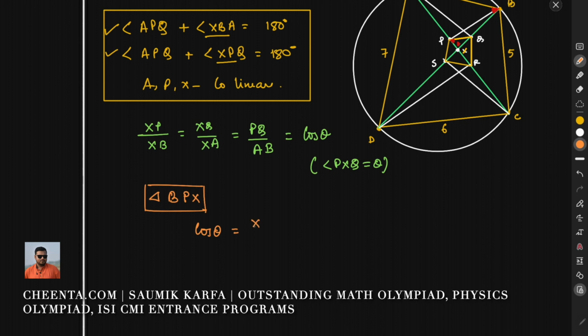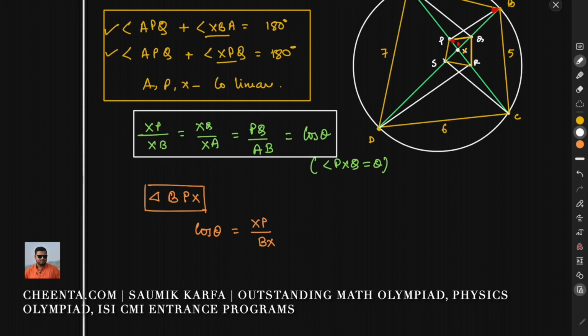So it's nothing but XP over BX. So this ratio is equal to cosine of theta, and all other ratios are equal to this ratio. So all the ratios are equal to cosine of theta. That's a very important thing that we obtained here. We will need that later, so let's box it out.